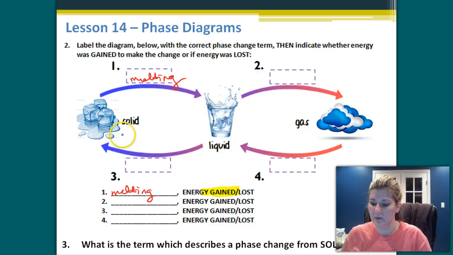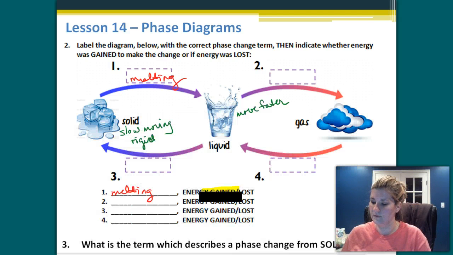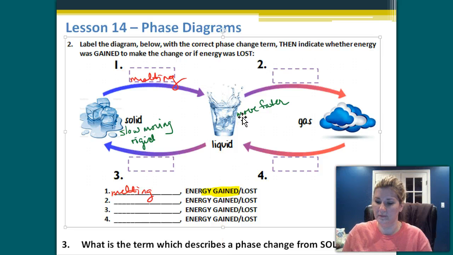Our solid molecules are slow moving and kind of rigid, right? The liquid molecules move faster than solids.